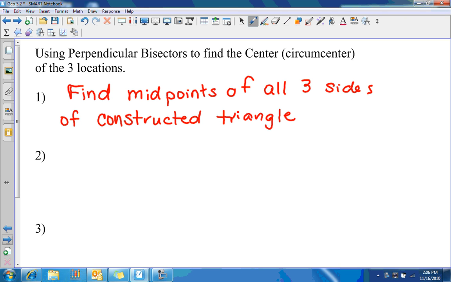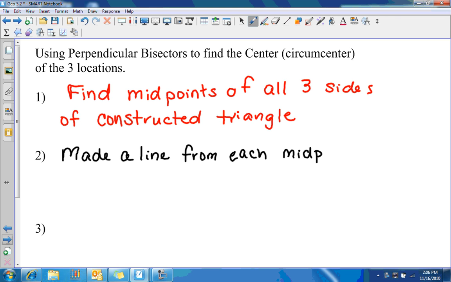Okay, part 2. Then we made each of them the midpoint, or made a perpendicular bisector. I'm going to use different terms than perpendicular bisector. So we made a line at each midpoint, at 90 degrees.